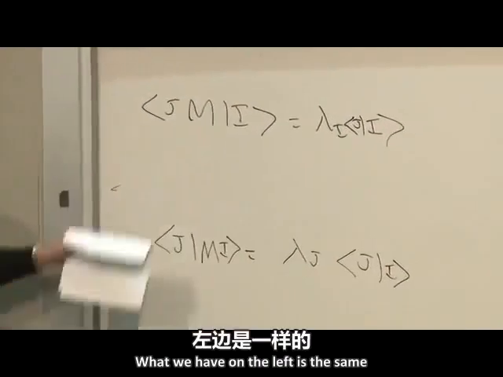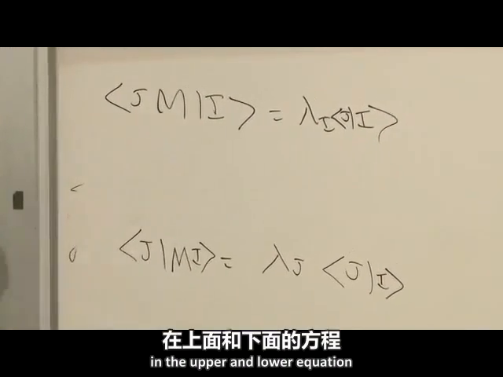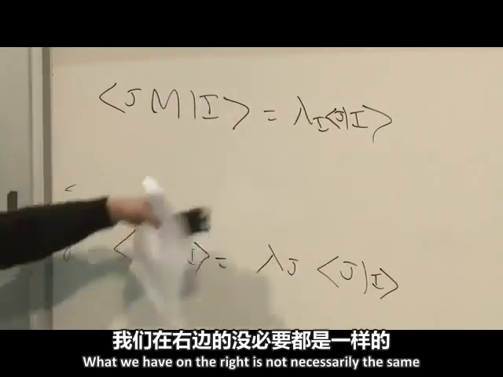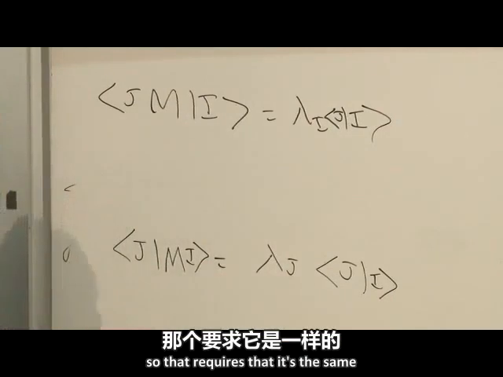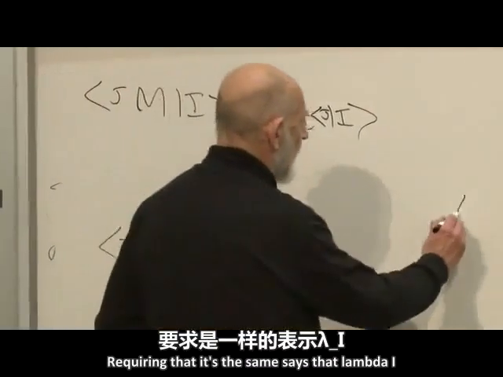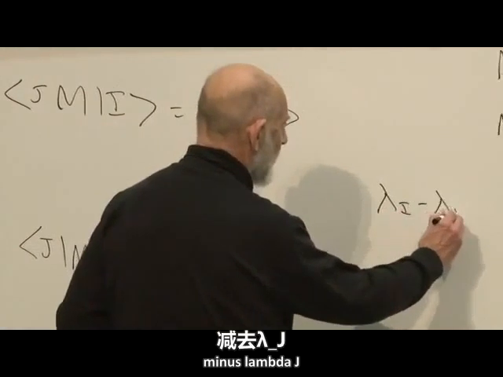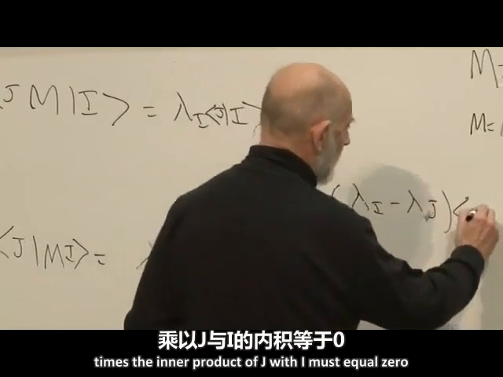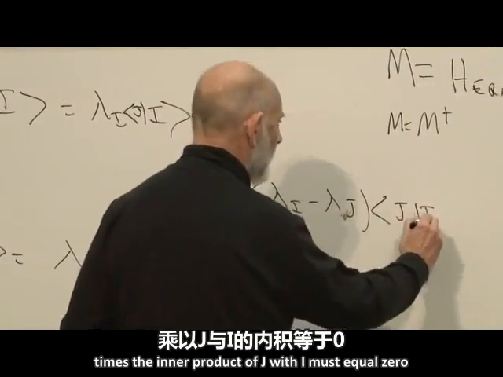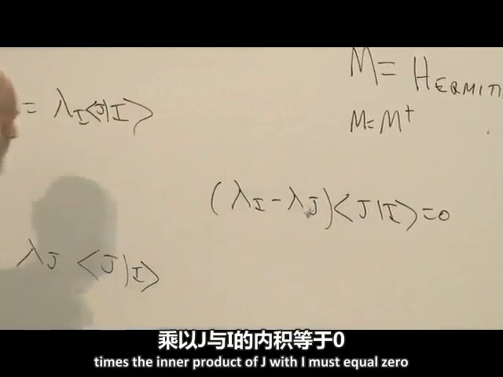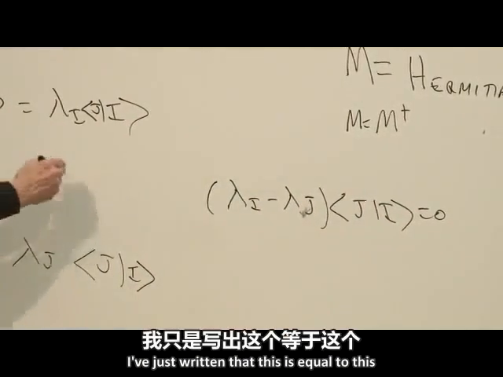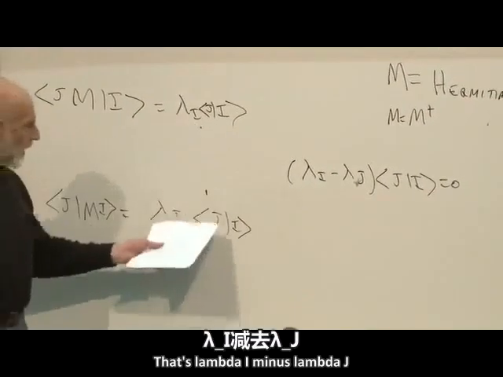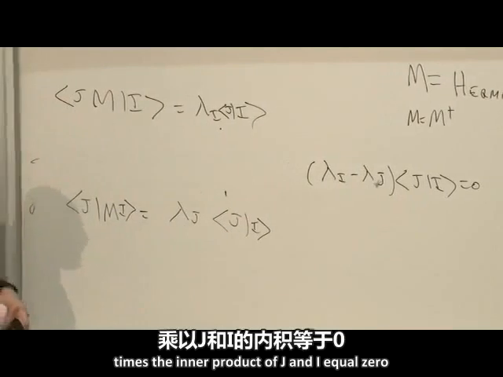What we have on the left is the same in the upper and lower equation. What we have on the right is not necessarily the same. So let's require that it's the same. Requiring that it's the same says that lambda I minus lambda J times the inner product of J with I must equal 0. I've just written that this is equal to this, and then transposed. All right, so lambda I minus lambda J times the inner product of J and I equals 0.